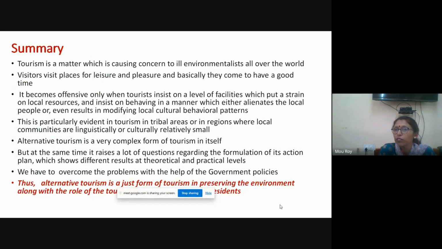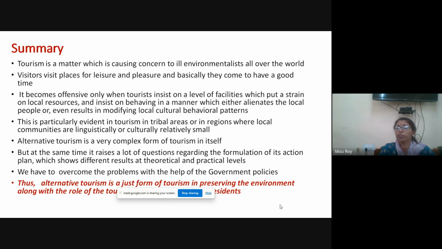All of us should take a pledge and have some responsibility towards society. Visitors visit places for leisure as well as for pleasure. Of course, they want to have a good time, okay, that is what they are paying for. But the natural beauty should not be destroyed. It becomes very offensive only when tourists insist on a level of facilities which puts a strain on local resources.